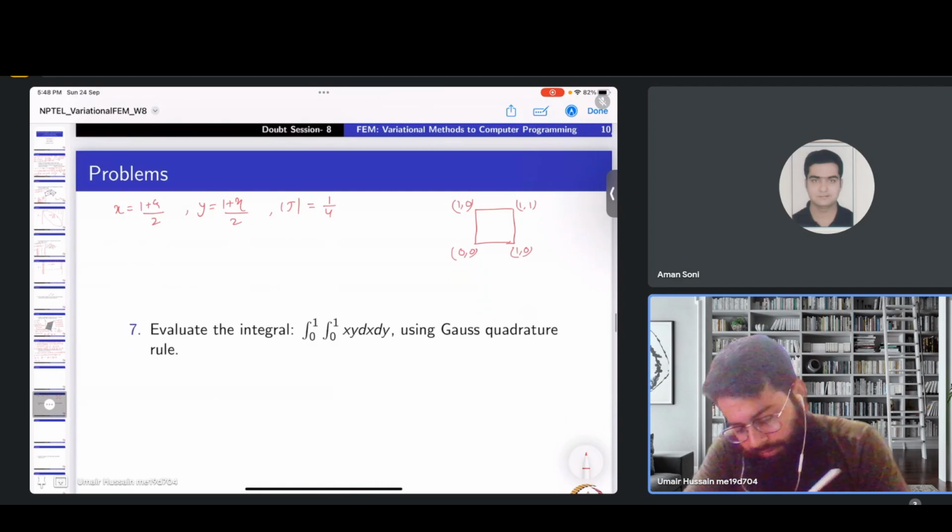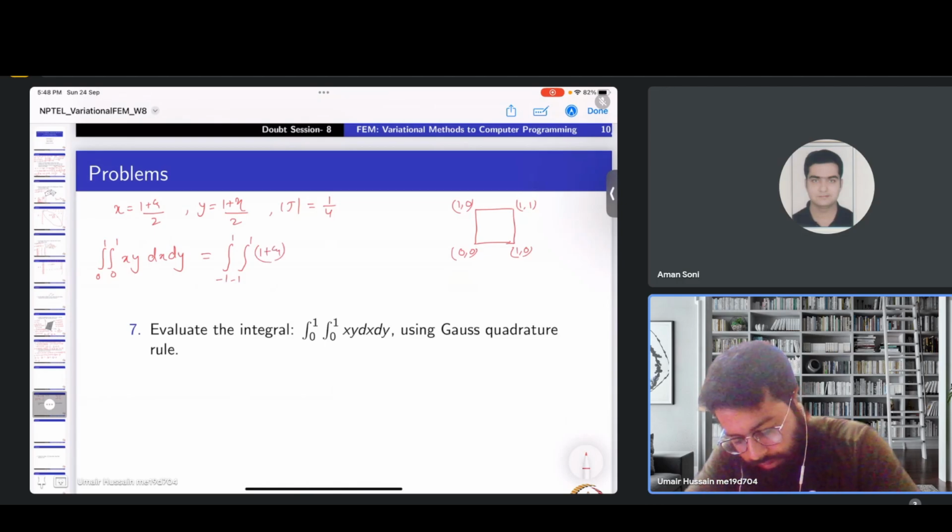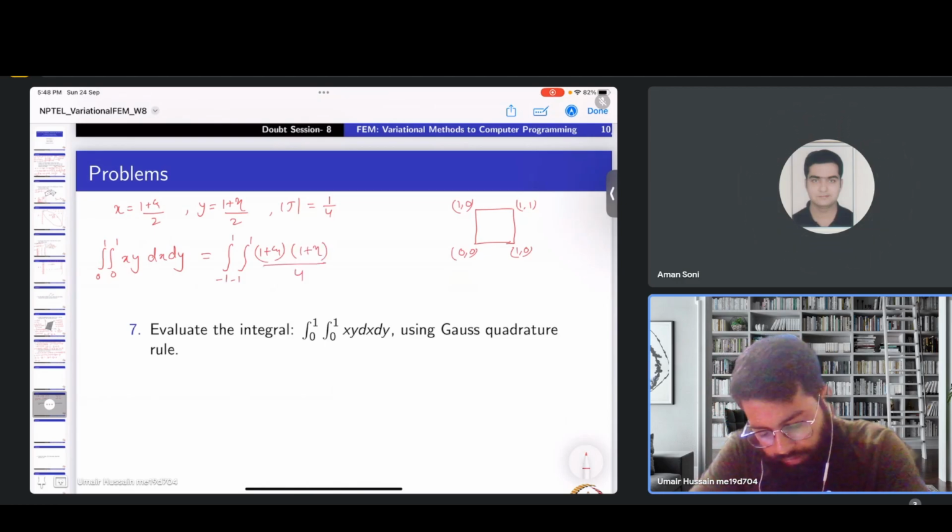So we can quickly transform this integral from 0 to 1 x by dx dy to minus 1 to 1 x minus 1. X is 1 plus 1 plus minus 40 multiplied by x.